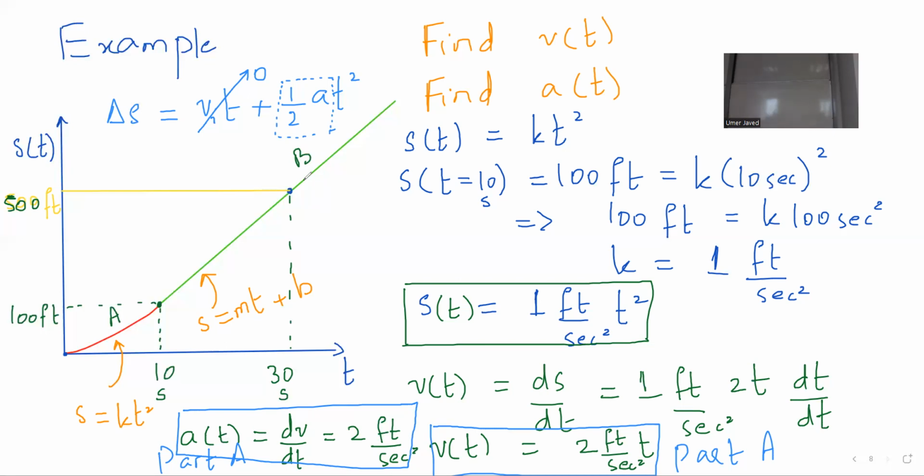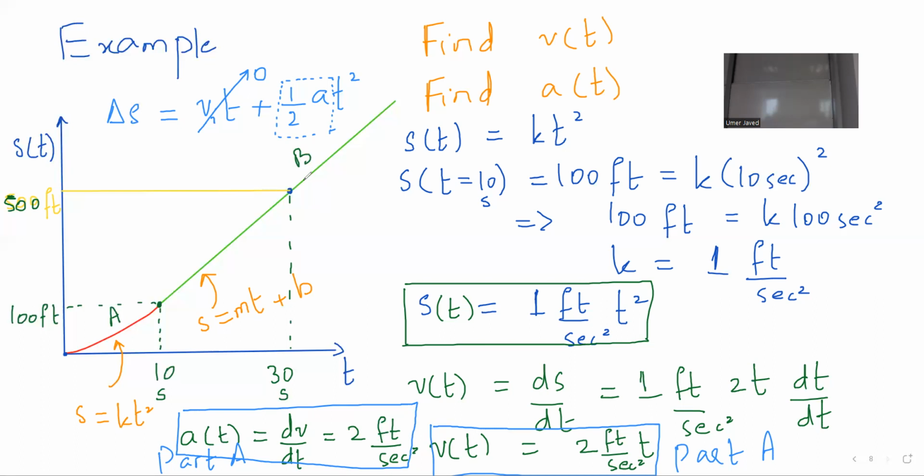I will actually help. This is what you do. My suggestion is that for leg B, if you want to find the velocity, you need to have S. Now S is m t plus b, right? You need m and you need b. Instead of S, you put 100, instead of t, you put 10. Then you take the next point: take the 500 and take the 30.